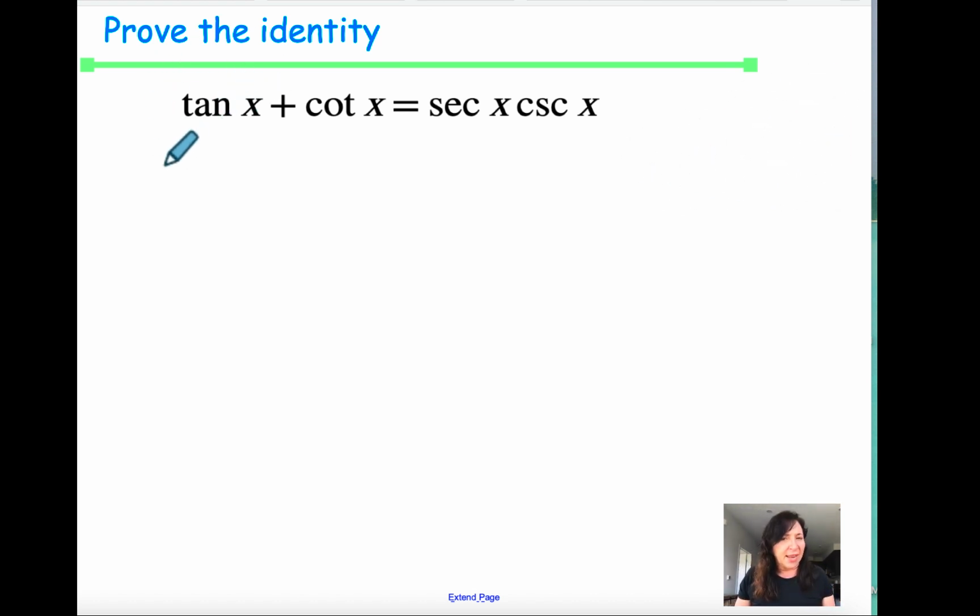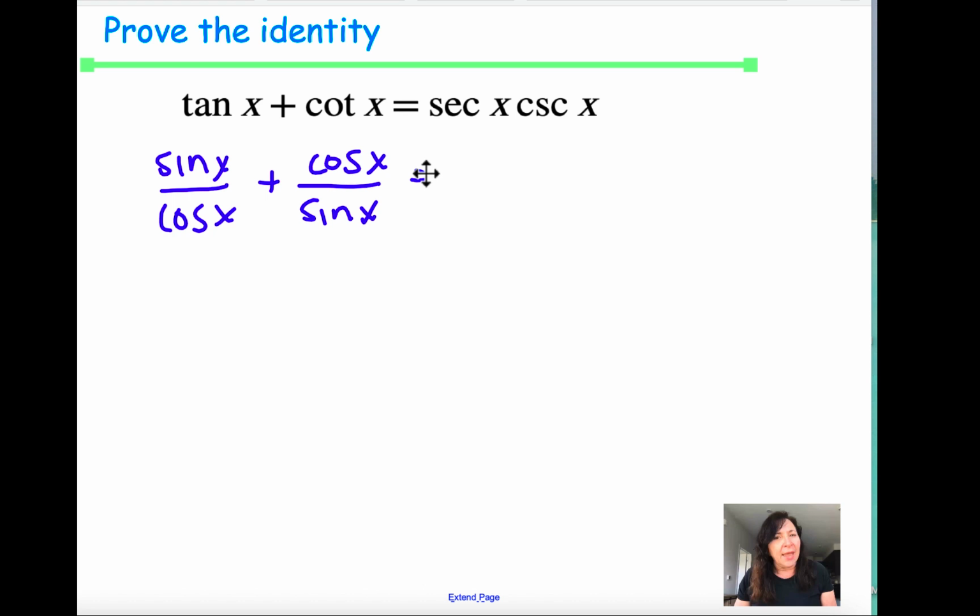The left side is tangent, so that's going to be sine of x over cosine of x, plus cotangent, which is cosine of x over sine of x. Because I have two terms on the left, and on the right that's one term, I'm going to try to combine these two terms. My common denominator is going to be sine, cosine.